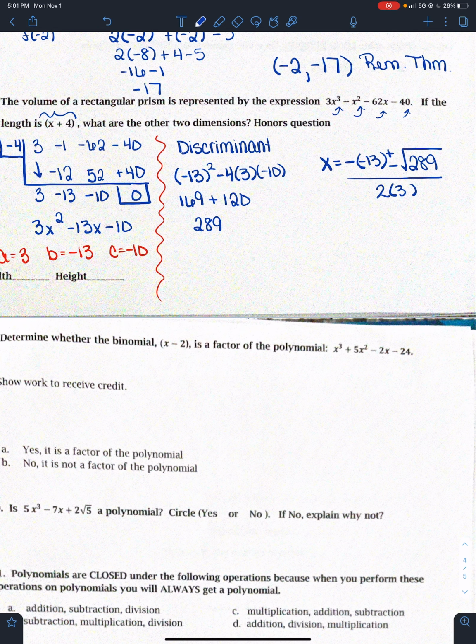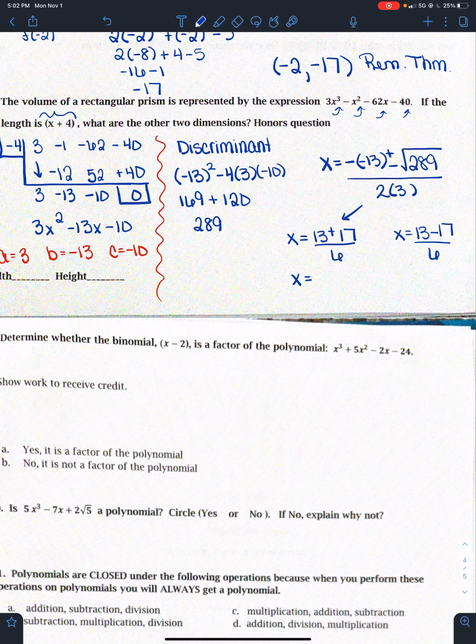Okay. This is where we can break this up into two solutions. So we have x is equal to 13 plus square root of 289 is 17 divided by 6. And we can have x equals 13 minus 17 divided by 6. 13 plus 17, that gives me 30.